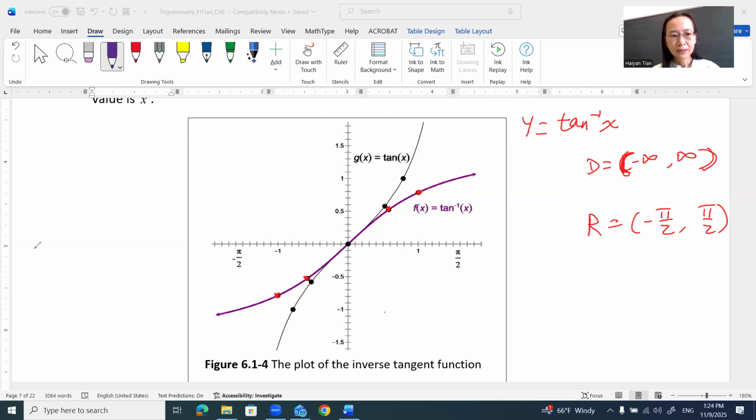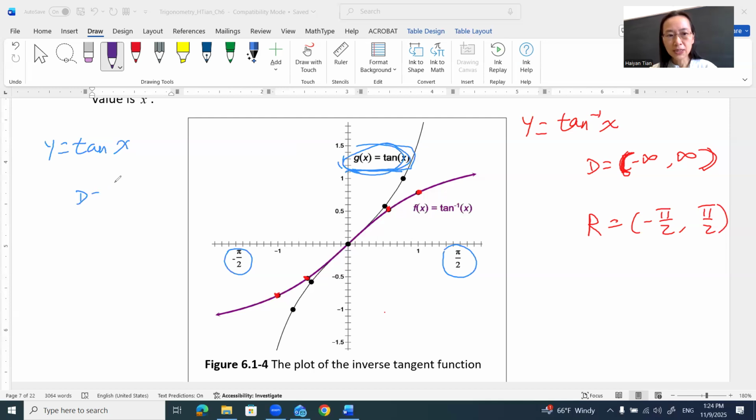Recall that tangent is a function you are very familiar with. We only looked at the tangent function, which is the blue curve, from negative half of pi to positive half of pi, because only for this tangent function we did our inverse.